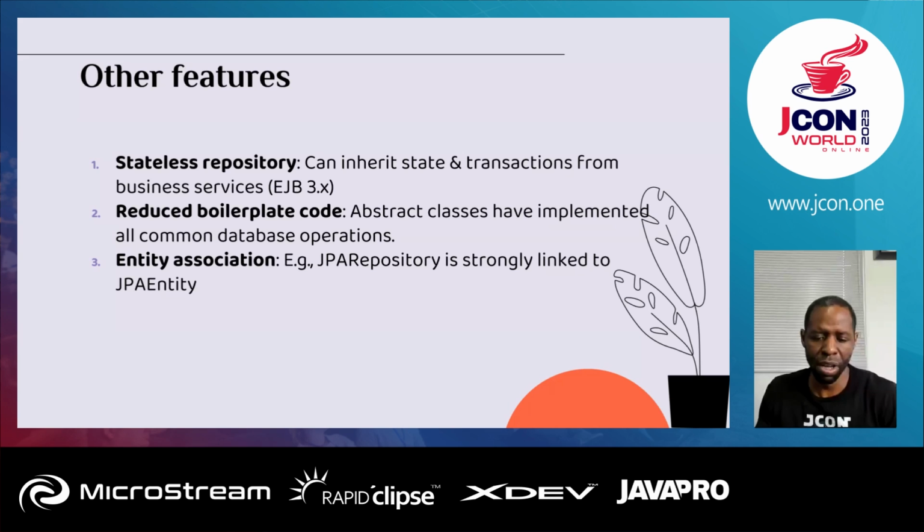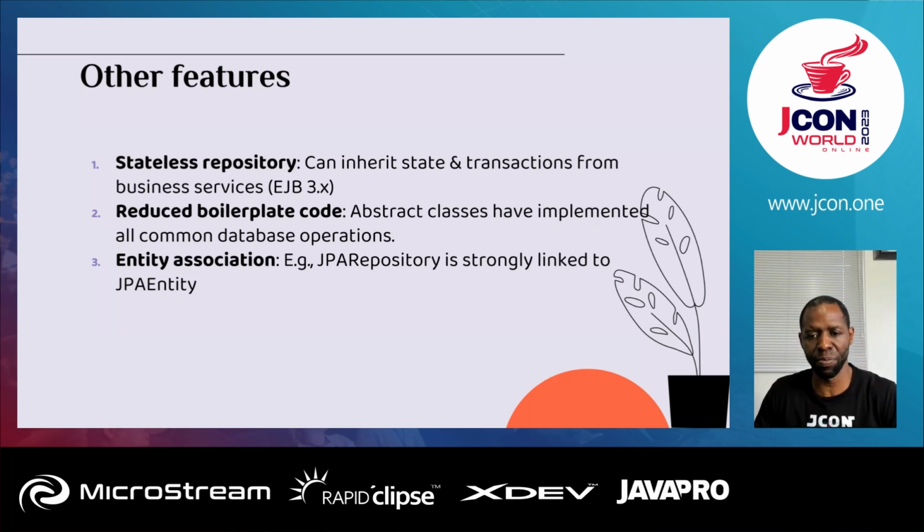For example, if they need to use JPA, they will have to inject JPA. And if they know MicroStream, we give them an object where they can persist an object, and they can just say store, and it will store it.